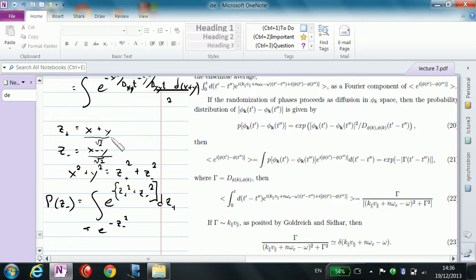So if I compute this quantity now, it's this distribution function times this number. You believe that that's equal to this?